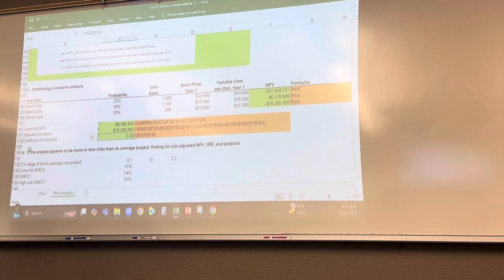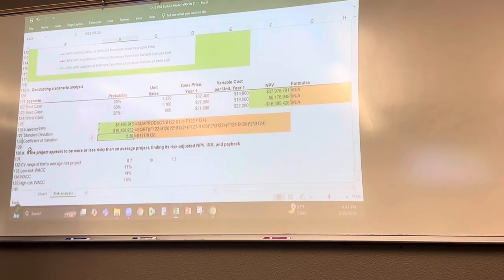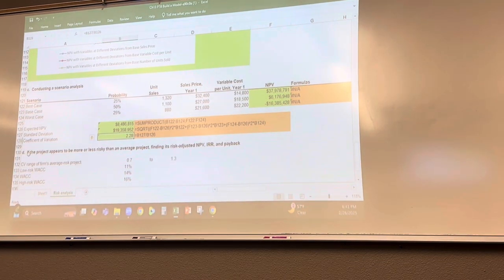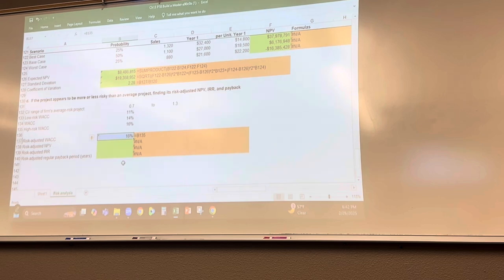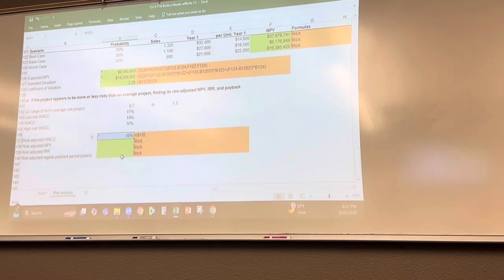If it's lower than that, we would take some number off the WACC, I think we subtract 3. If it's higher than that, we add 2 percentage points to the WACC. So this is higher, this is a risky project. Therefore, when it asks me what the new WACC is, it's actually going to be 16%, because it's a riskier project.